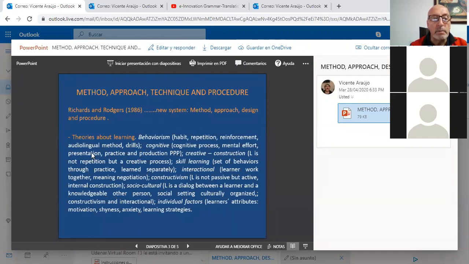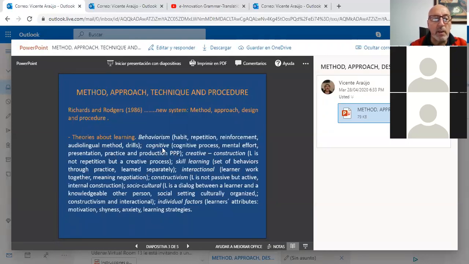So, in language learning, it reflects this model: presentation, practice, and production, PPP.